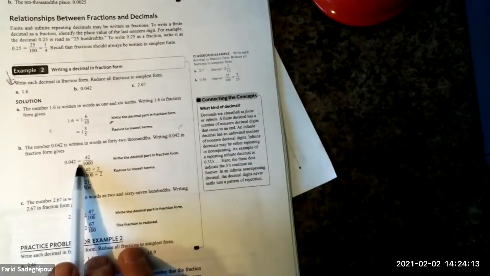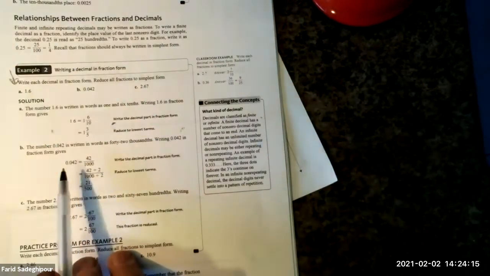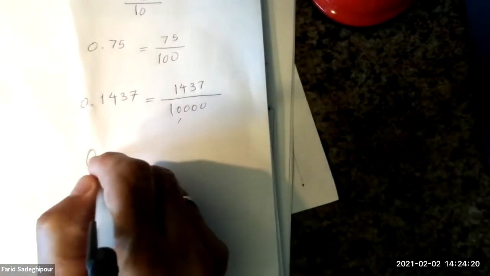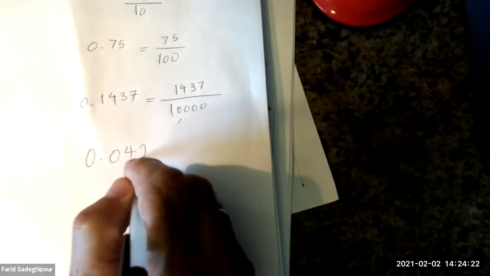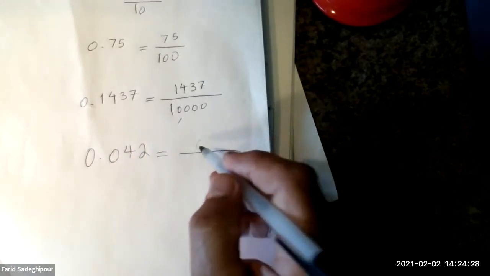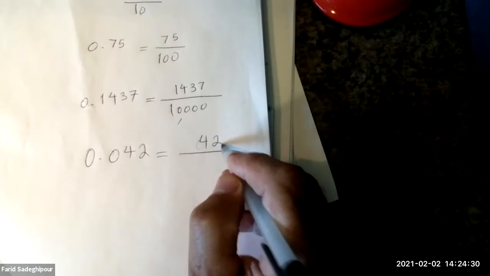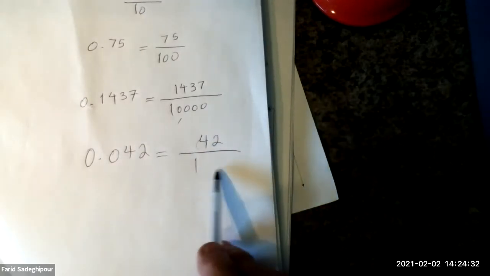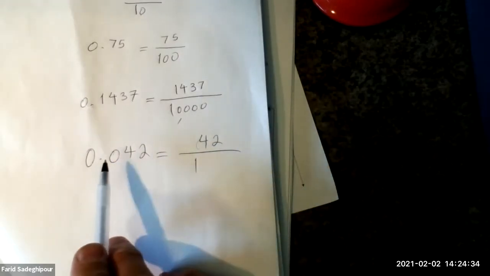Like here, 0.042. Again, let's write it here. 0.042. The number you have, you write that. There is no point to put that 0 because it's meaningless. So you just put 42. Put 1. How many zeros? After the decimal, you have 1, 2, 3.